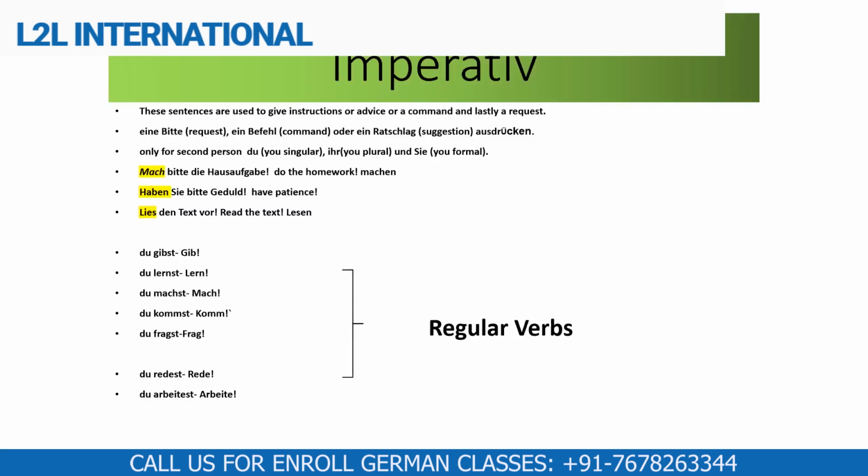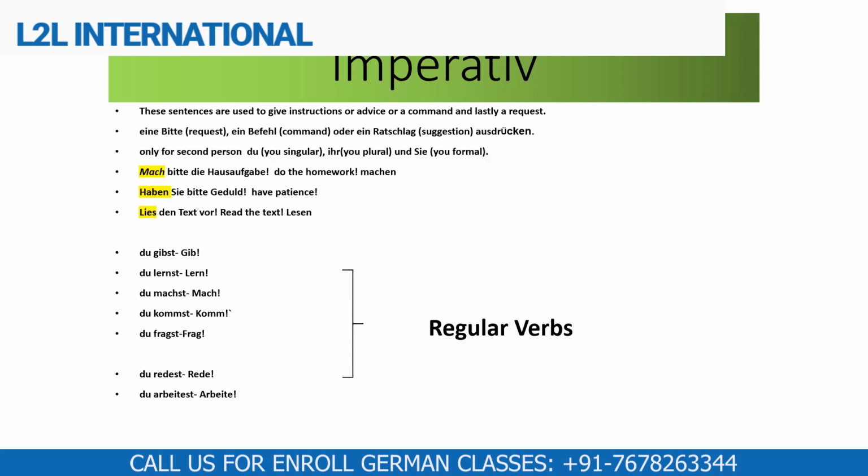Now here I have three examples of imperative. The first statement says, Mach bitte die Hausaufgabe. Haben Sie bitte Geduld. Lies den Text 4. The first order says, do the homework.